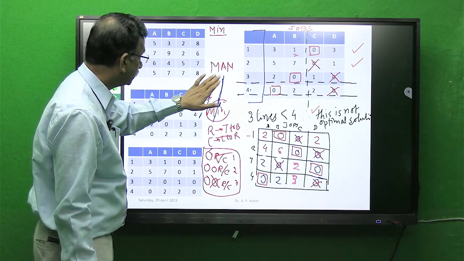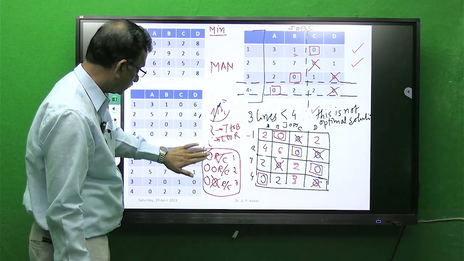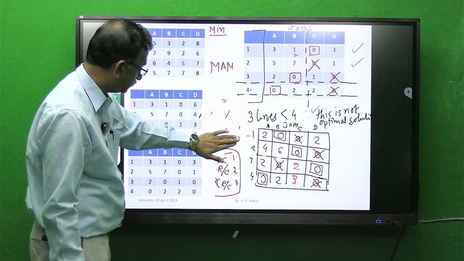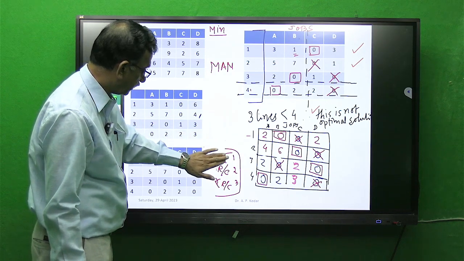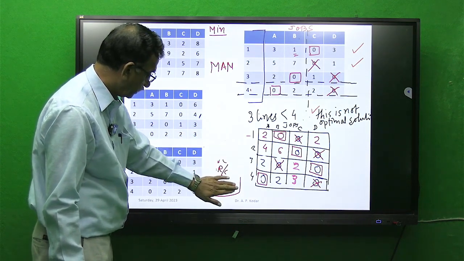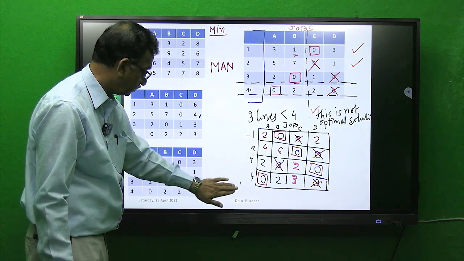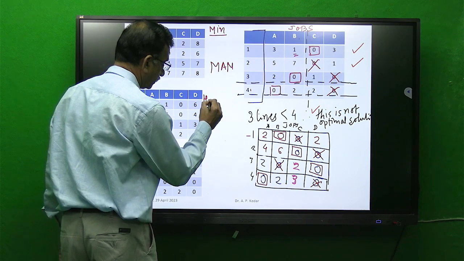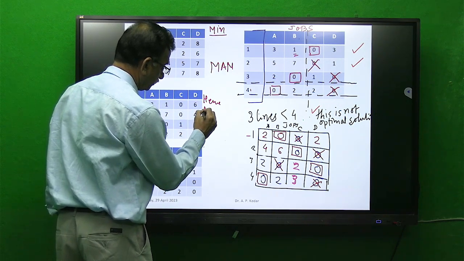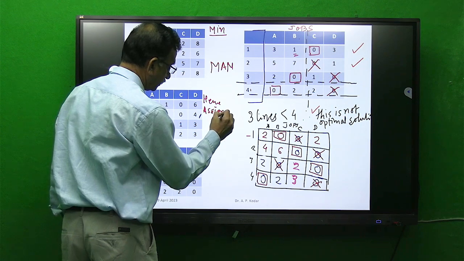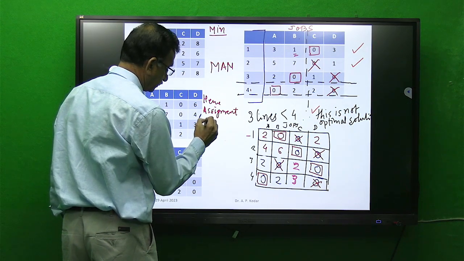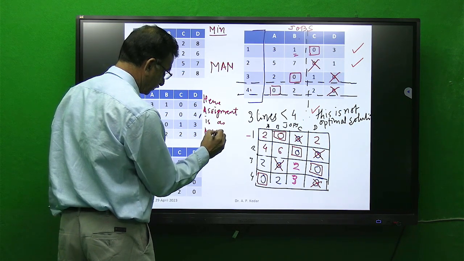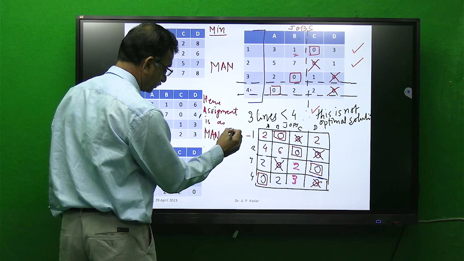See here, I will rub all these things because we need this space now. If I switch to the next slide, this will be erased. So now, how to interpret? Hence the assignment is as follows.